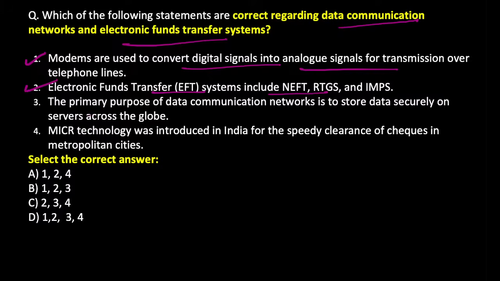The third statement: the primary purpose of a data communication network is to store data securely. It should be to transfer data, not store. The purpose of data communication networks is to transfer data, to remit data from one server to another. MICR technology was introduced in India for speedy clearance of cheques in metropolitan cities. Yes. 1 to 4 means A.